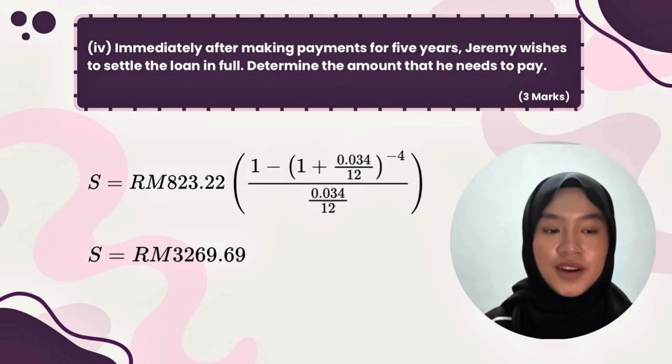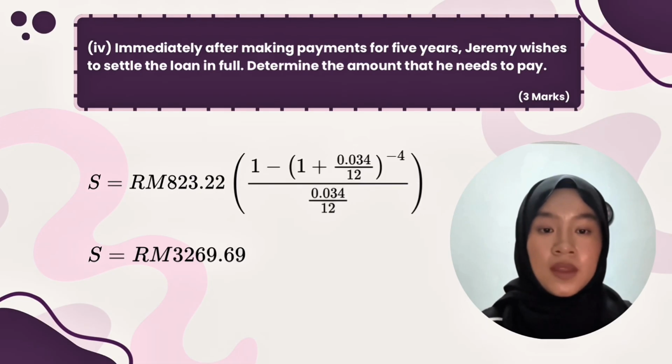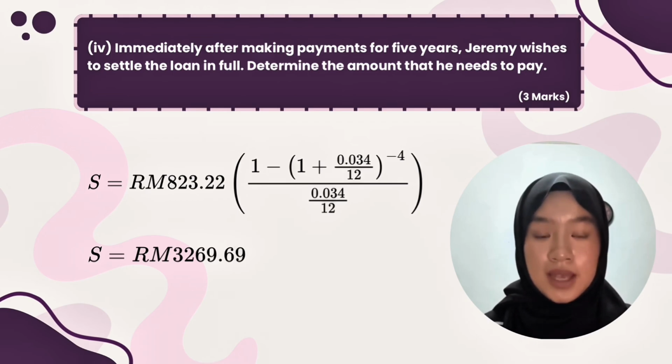Question C4. Immediately after making payments for 5 years, Jeremy wishes to settle the loan in full. Determine the amount that he needs to pay. I use the present value annuity formula. S equals R multiplied by the bracket of 1 minus 1 plus k over m to the power negative n, divided by k over m.